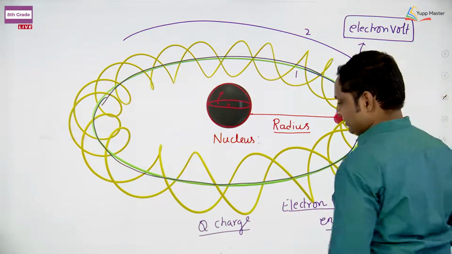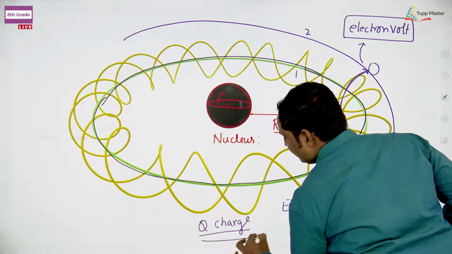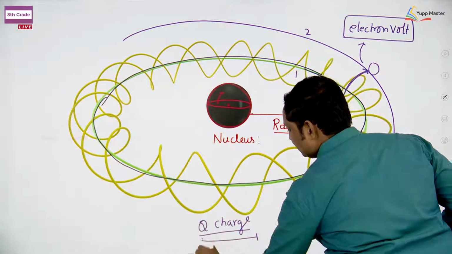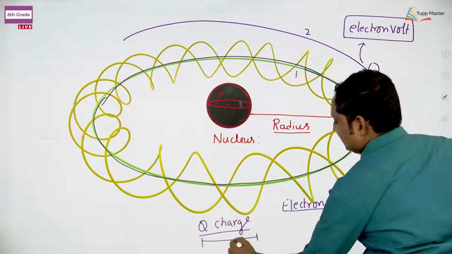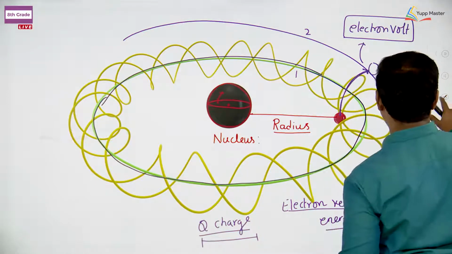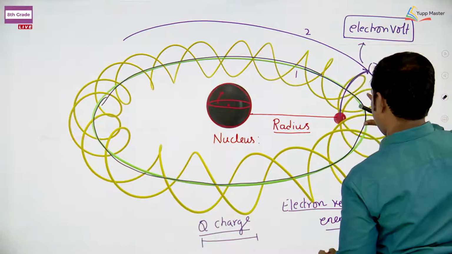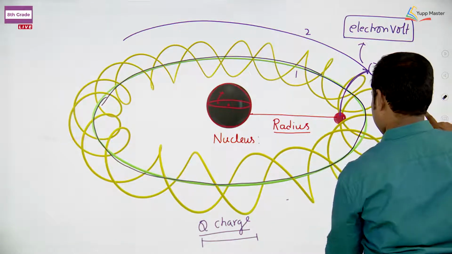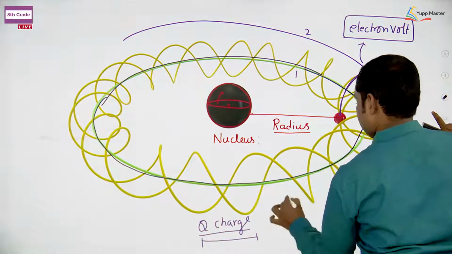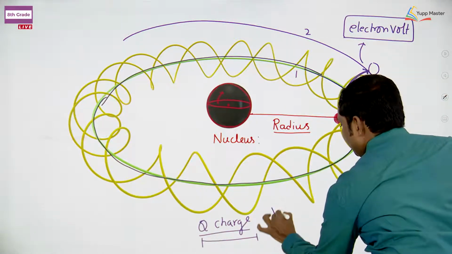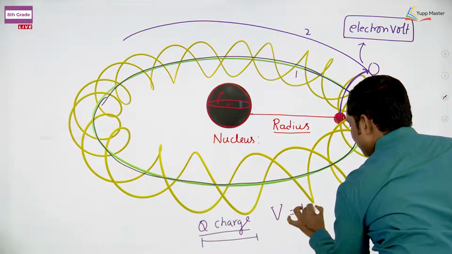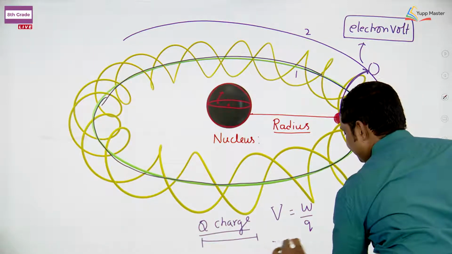Just we have to listen. If it has been moved, we need to know that the potential V is equal to W by Q.